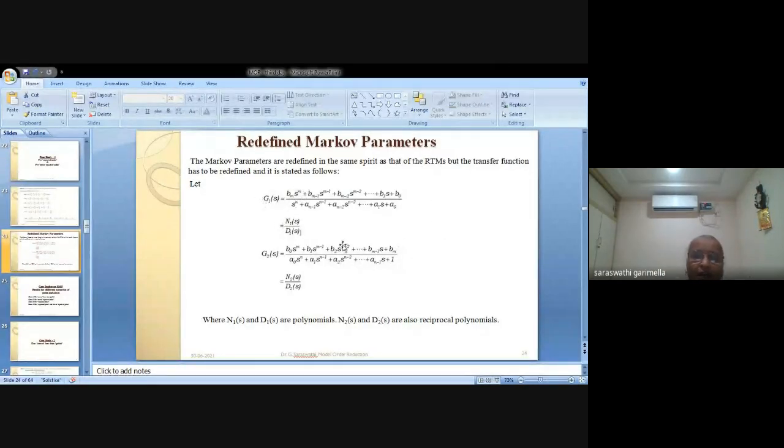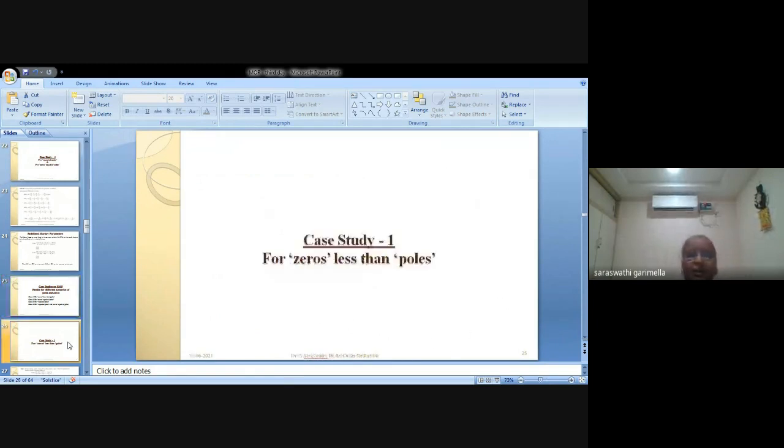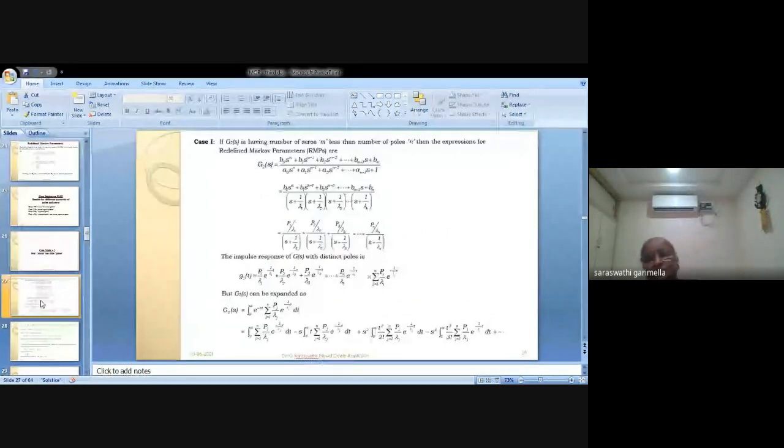So these N1, D1 are polynomials, and N2, D2 are reciprocal polynomials, right? And again, I consider the same cases: zeros less than poles, zeros equal to poles, repeated poles, and repeated poles with zeros equal to poles. Those are the conditions I found. But this is very laborious in a sense.